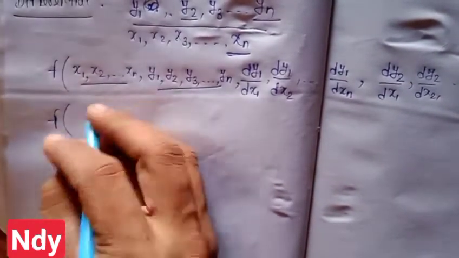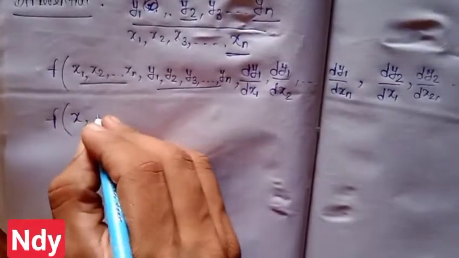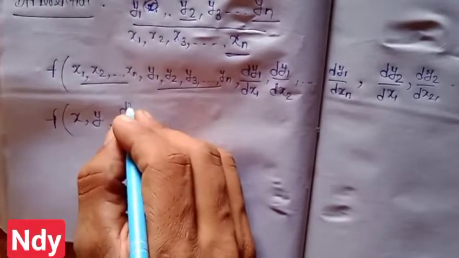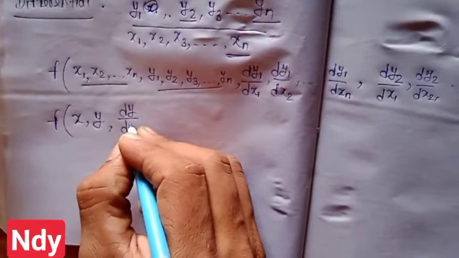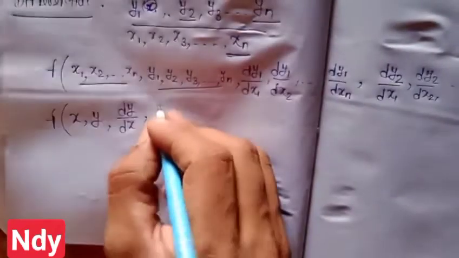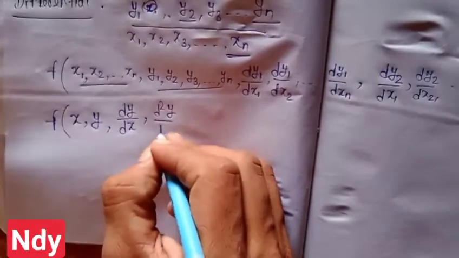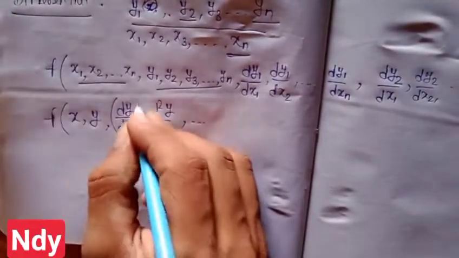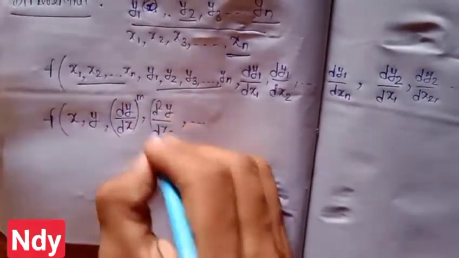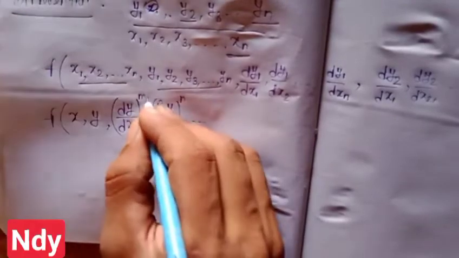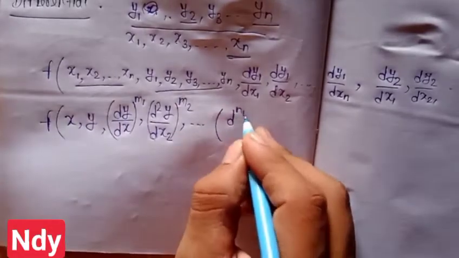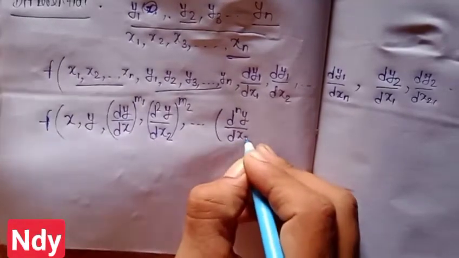but look at some simple cases. Let x be independent variable, y be dependent variable, and dy by dx be its first derivative, and d2y by dx2 be its second derivative, and let its power be m, and its power be n, m1, m2, and similarly dny upon dxn.